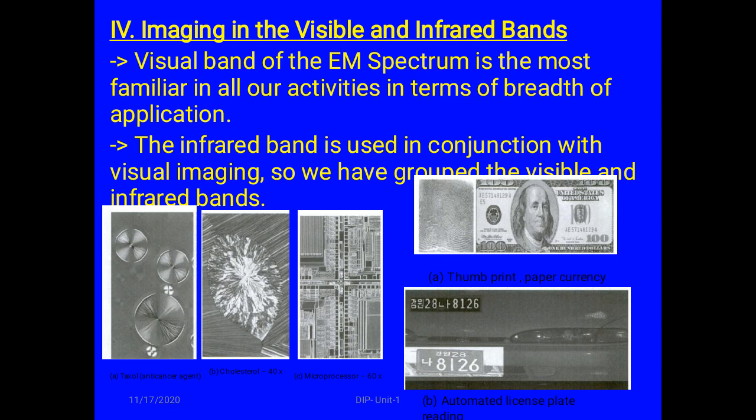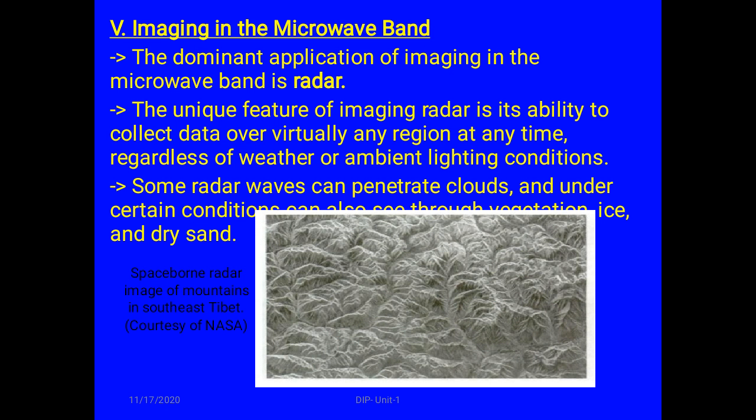The visual band of the electromagnetic spectrum is the most familiar in all our activities, with a breadth of applications. The infrared band is used in conjunction with it. Visual images are grouped in the visible and infrared bands. Next one, imaging in the microwave band.